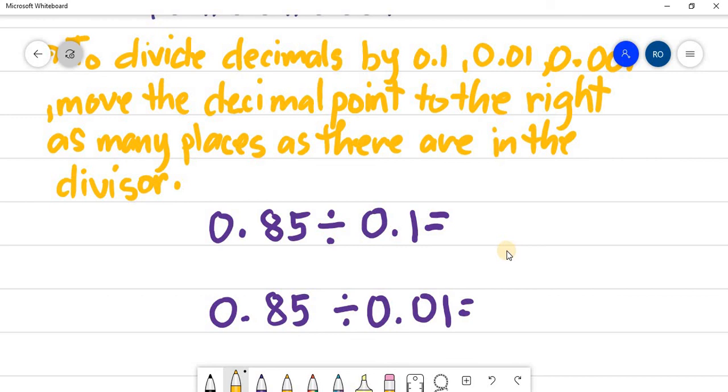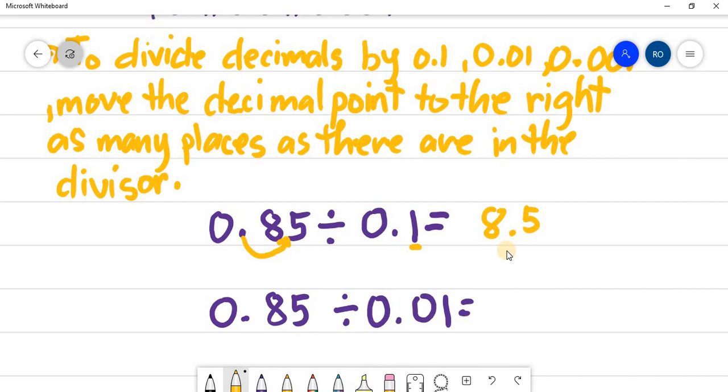In this case, 0.1 has one decimal place only, so we move the decimal point of 0.85 to the right once. Now the decimal point is between 8 and 5, so we have 8.5.